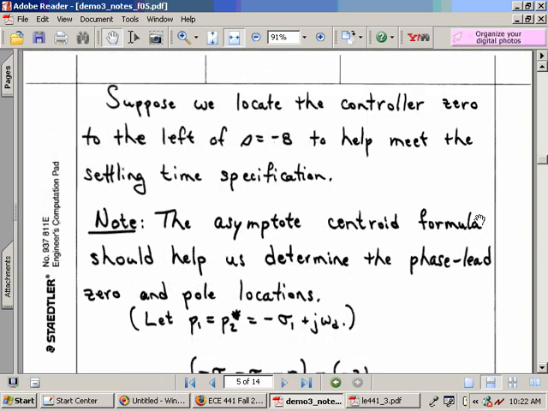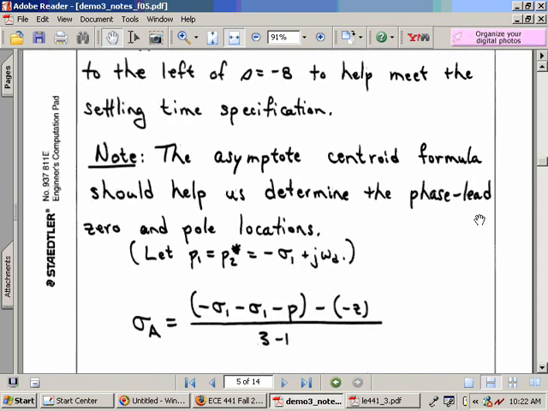We want that zero to the left of s equal -8, and a way to determine where we might put our pole is the centroid formula that we've derived from our rules of magnitude condition and phase condition. The centroid formula says that we take the sum of the poles' real parts, subtract from that the sum of the zeros' real parts, and divide by the pole-zero excess.